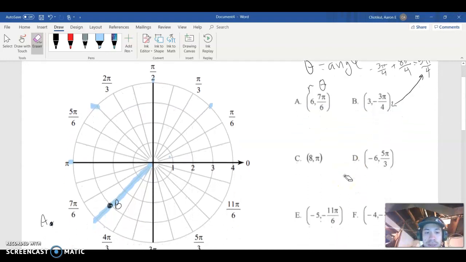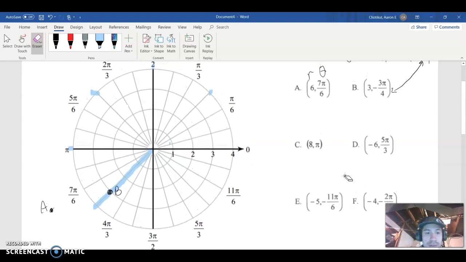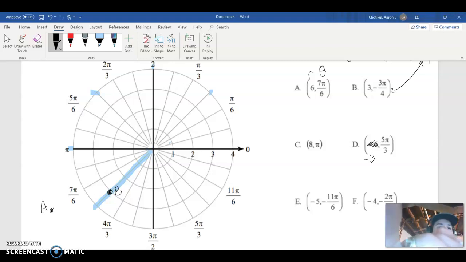There we go, that looks a little bit better. 5π, there we go. So let me clear out our old angle.